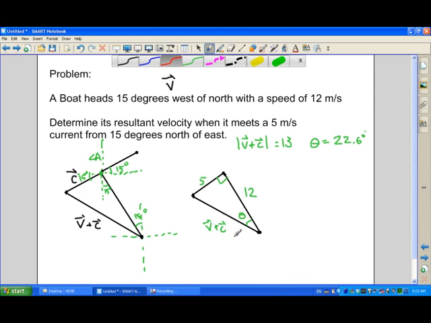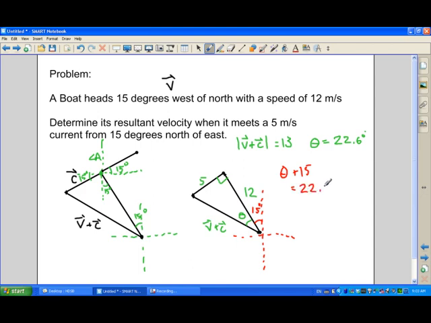So I know the magnitude of this vector, I know the angle relative to the vector diagram, but I don't know the angle as a compass bearing. So I need to give this velocity a bearing. I do know that the boat was initially moving 15 degrees west of north. I can find my new bearing by taking my theta and adding 15.